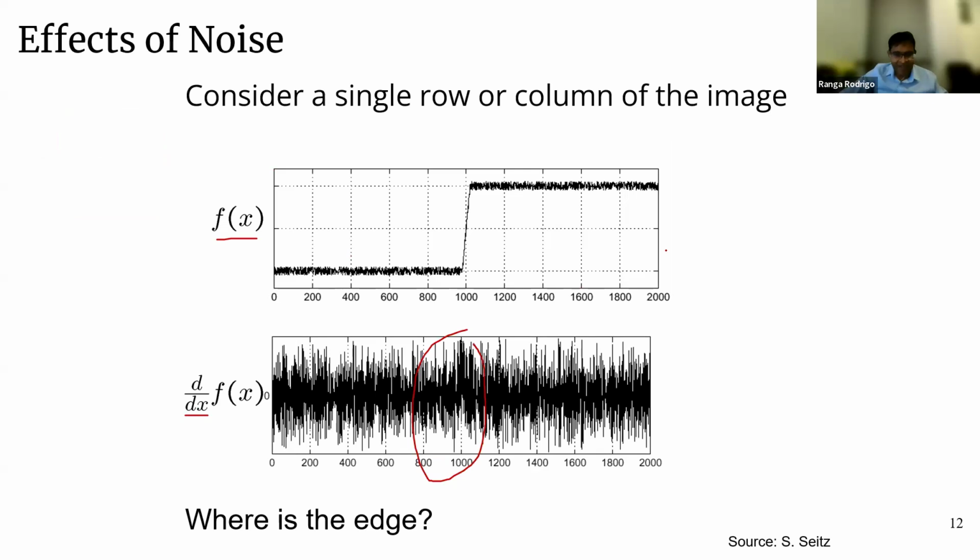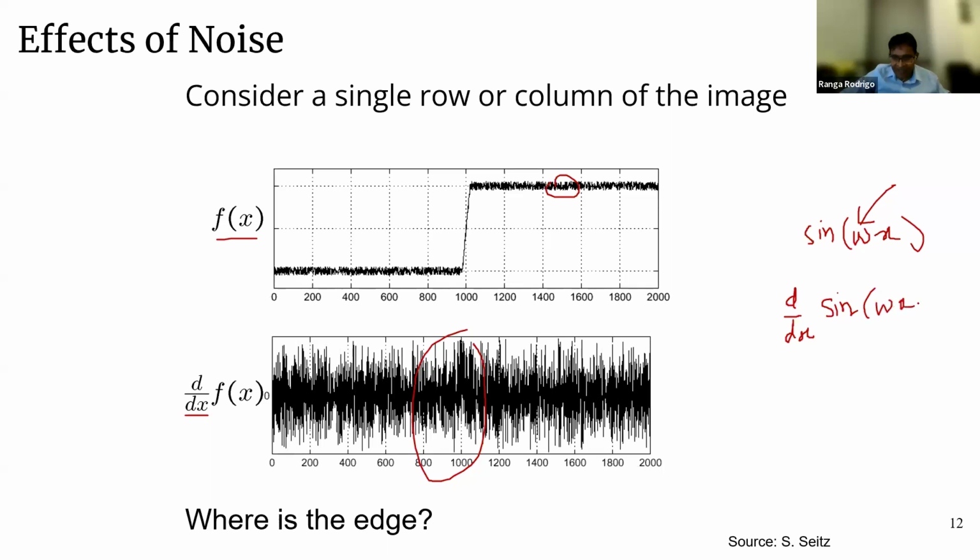What is the reason for this? Now you can see this noise is high frequencies, right? It is like cos x, sin x, sin omega x. This omega is the noise frequency, right? So let's consider one term in the noise. So if you get d by dx of this, since this is 1D, you can call it d by dx of sin omega x.